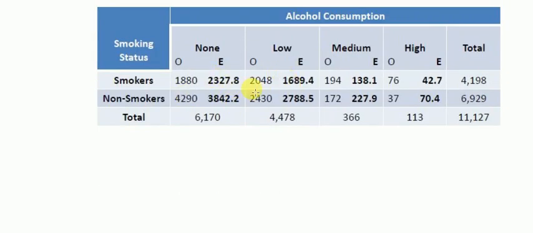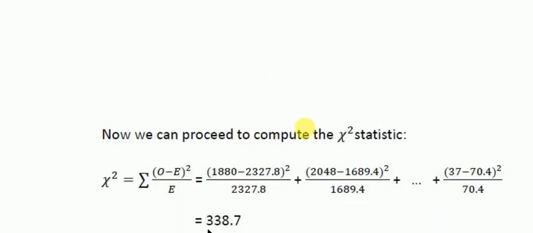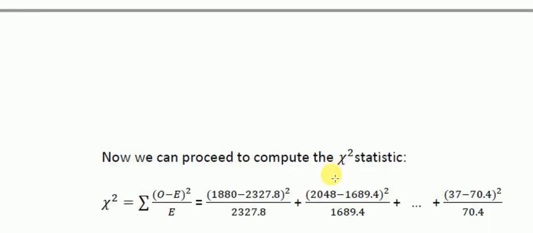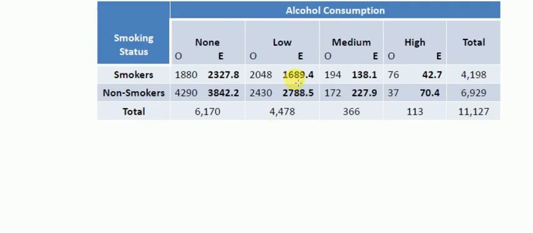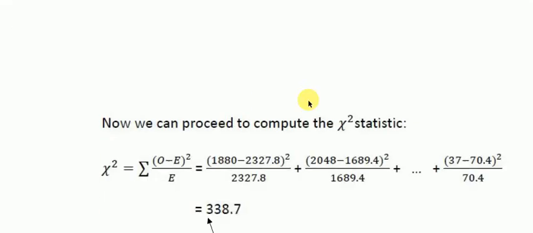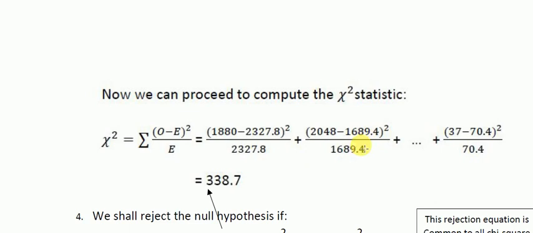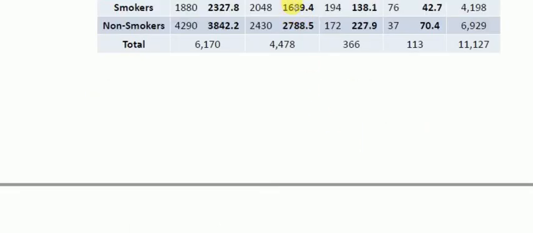Then we calculate chi-square for this cell. How do we do that? We plug in the value of observed frequency, which is 2048. Then we plug in the value of expected frequency, which is 1689.4, whole square. Then we divide it by the expected frequency, which is 1689.4.